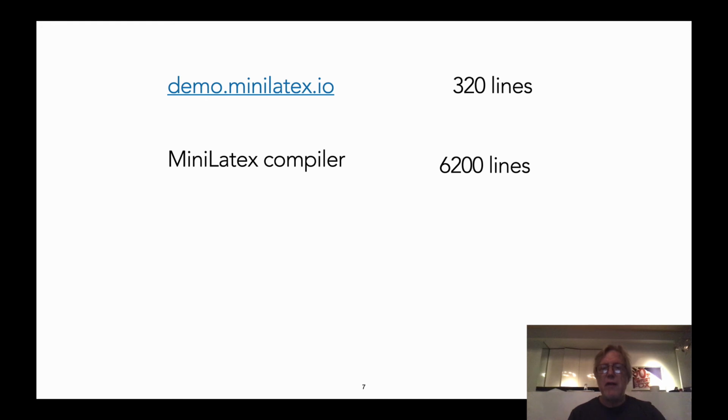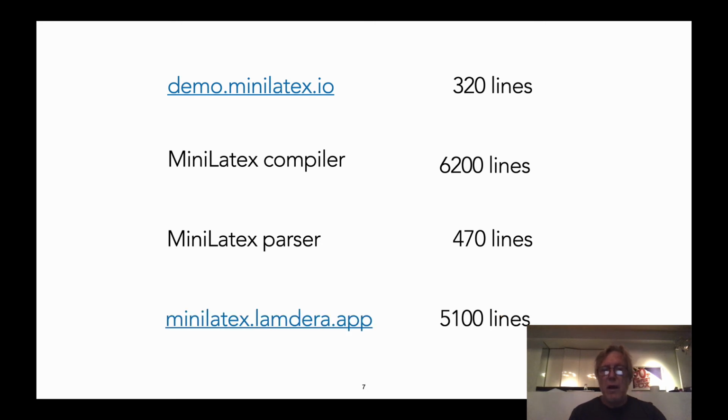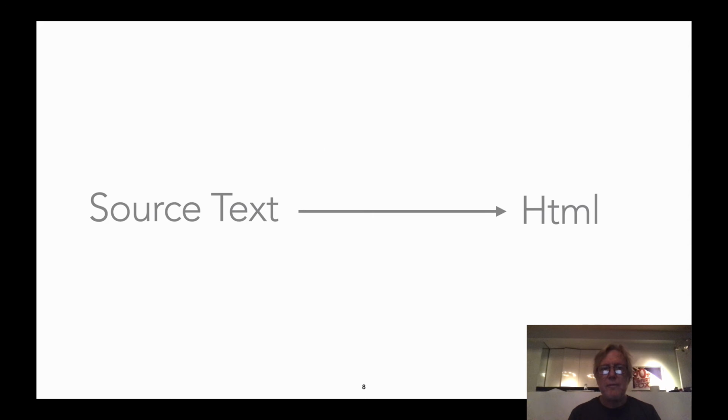Now, the heart of that compiler is the parser. That was actually the hardest thing for me to write, and that's just under 500 lines of code. On the other hand, this document management app, MiniLaTeX.Lamdera.app, is longer. It's a little over 5,000 lines of code. So that gives you a rough idea of how big things are.